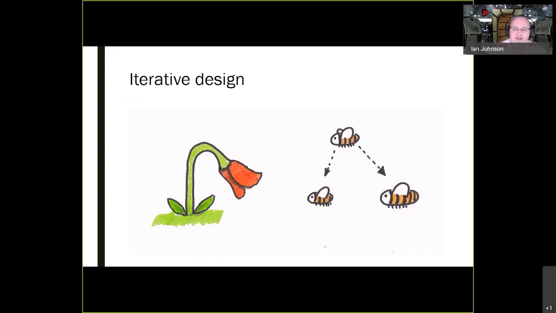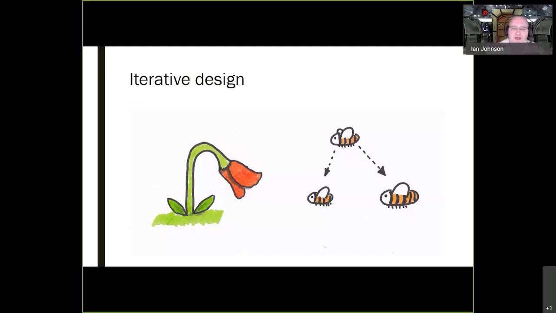Now, nature does this on a vast scale. So in every generation, you're not talking about just one mutation. There may be dozens of mutations. It's doing multivariate testing with every generation. And it's a constant evolution that we have.